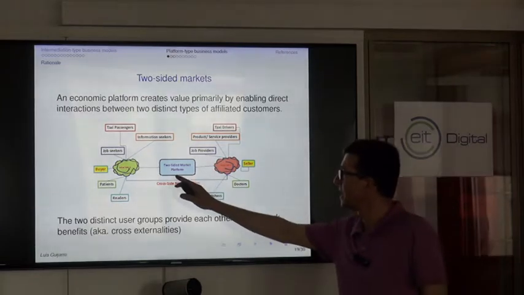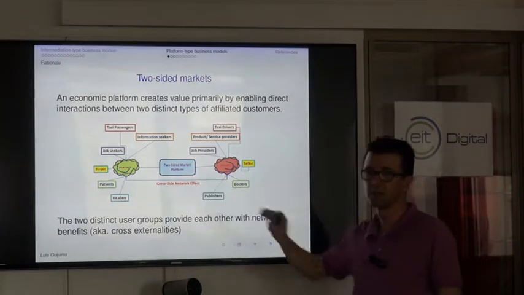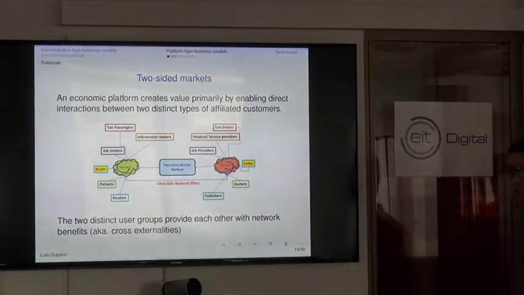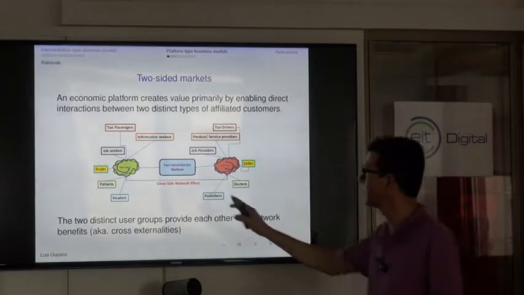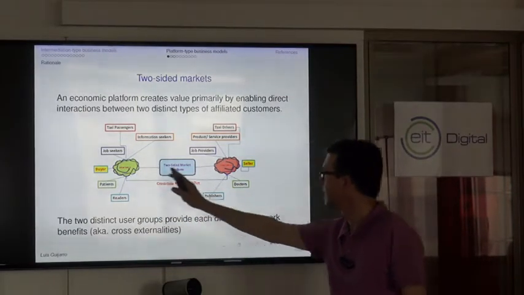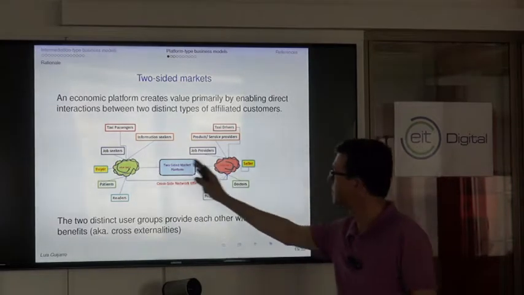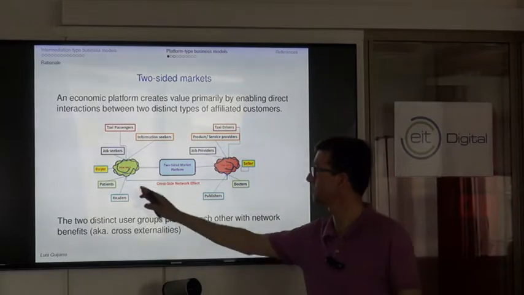And the point is that in order for this platform to get positive profits, in order for this business model of a platform in a two-sided market to be profitable, there should exist a network effect between the different user sets, which is also known as cross-externality.